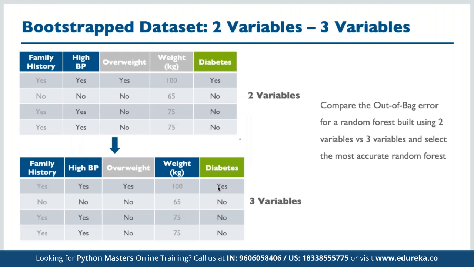You can pick different numbers of variables, and in different iterations you try different variables. First you build trees with 2 variables, then trees with 3 variables. Whichever set of trees gives you better accuracy, that's the number of variables you pick for training your trees in the next iteration.